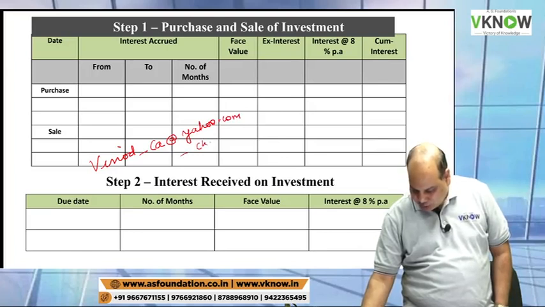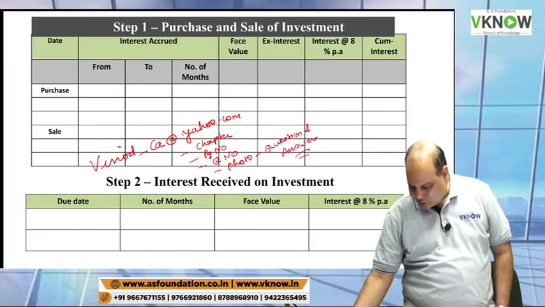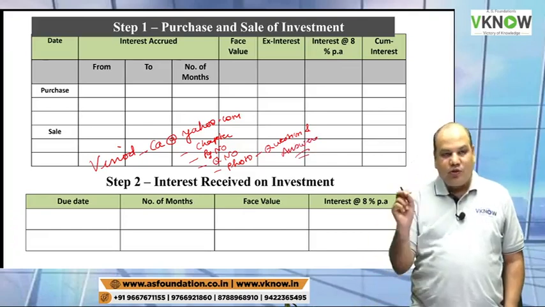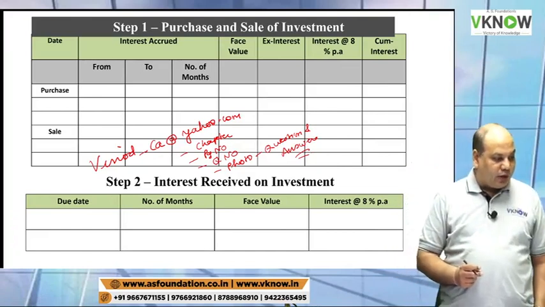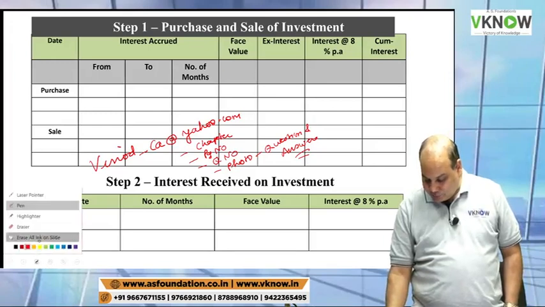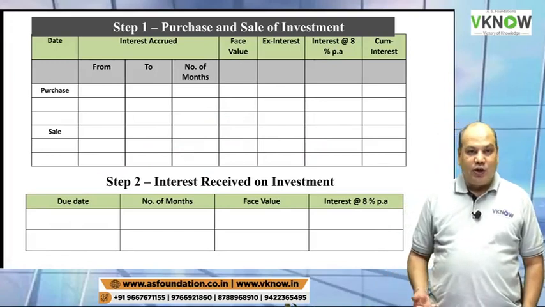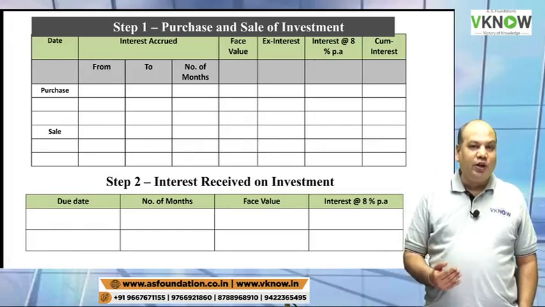You will write the name of chapter, page number, question number, and photo. Whose photo? Question's photo, not your photo. And the answer which has been given to you. And you'll mention where exactly your doubt is. That will help me to solve your doubt easily. Without proper description, I will not be able to understand your query. So write your query in detail.